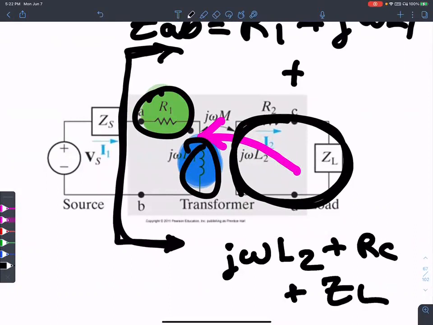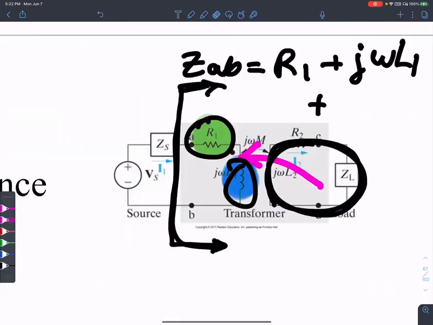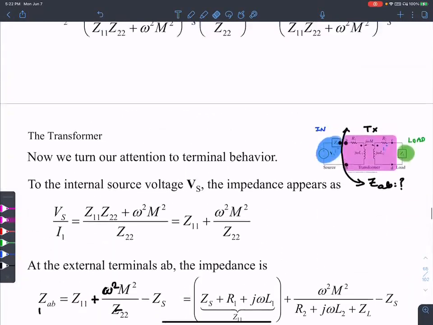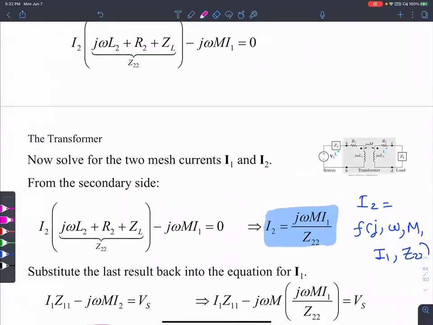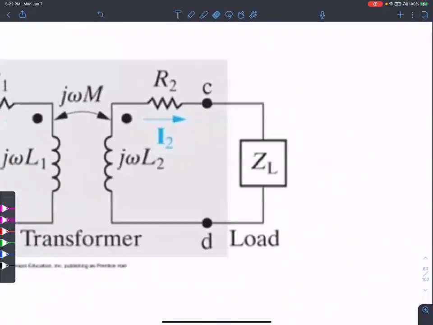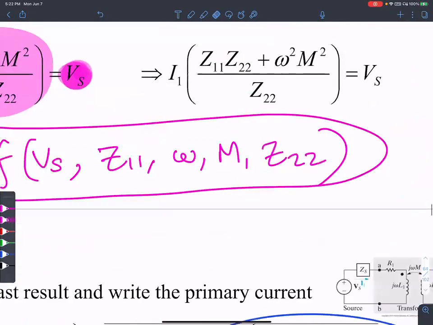That's the impedance on the right hand side. I'll show you what I mean exactly. I mentioned that Z22 is j omega L2 plus R2 plus ZL. That's the sum of all the impedances on the right hand side. So here is the intuition part.